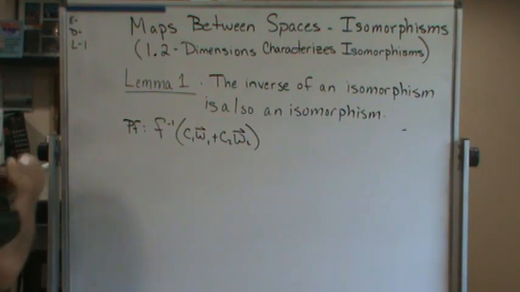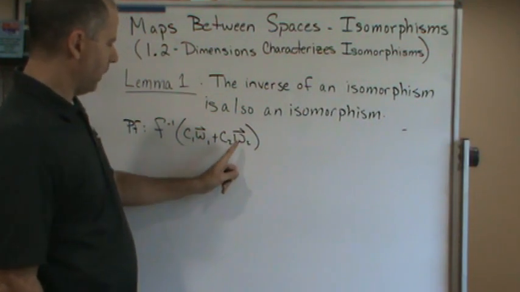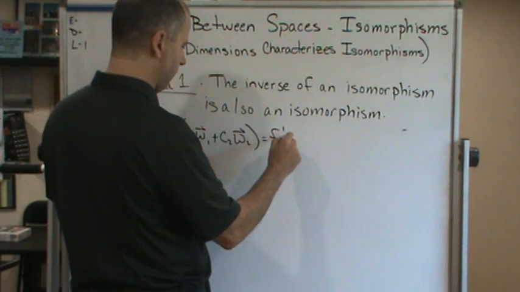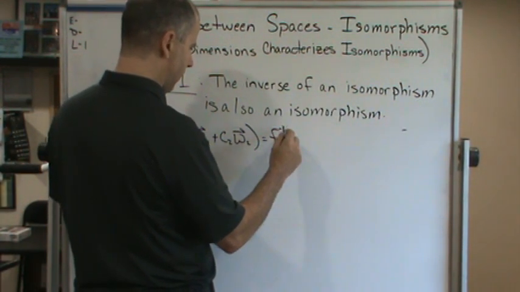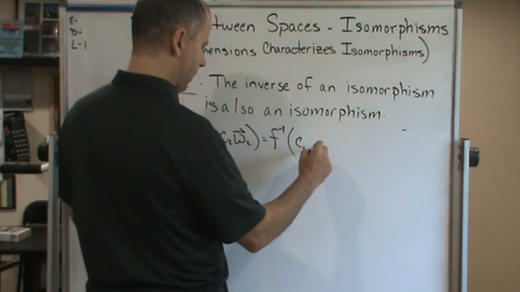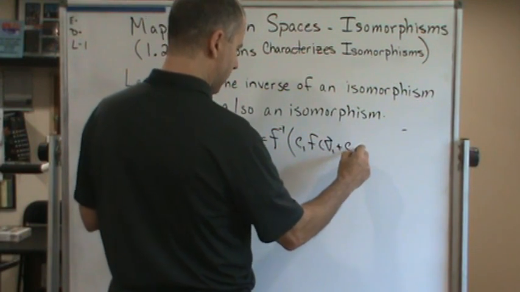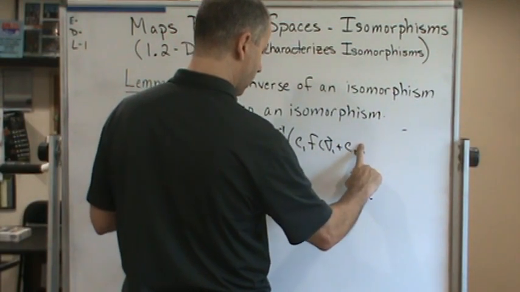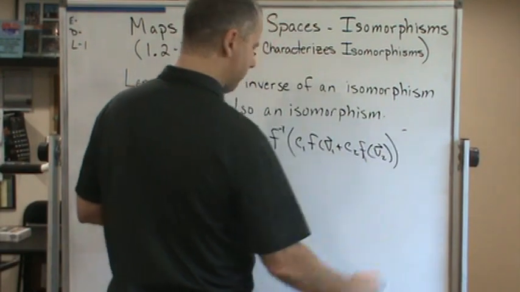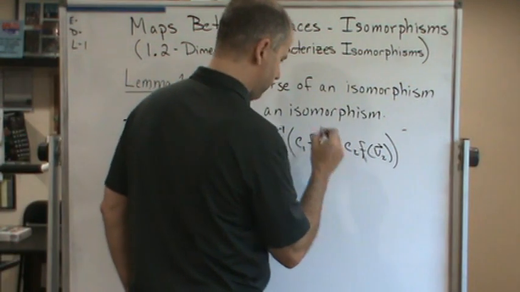The first thing we do is replace W1 and W2 with the function: f inverse of C1 f of V1 plus C2 f of V2.